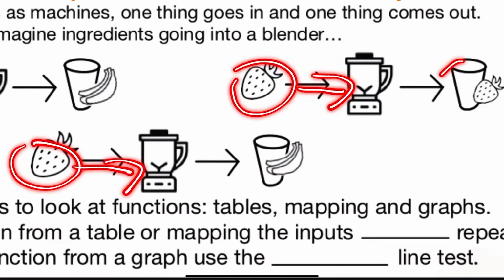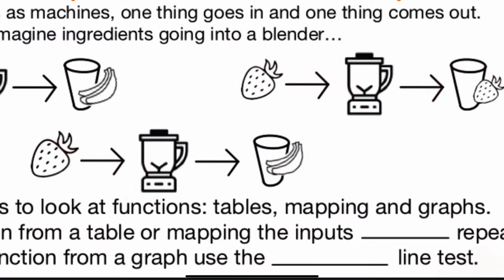It should only ever give you a strawberry flavored drink if you only put in strawberries, right? Okay. So, using that analogy, our functions are like blenders. They only have one job. They only do one thing. If you put in a number, you should get out a different number. You shouldn't get out 2 different things, because that wouldn't make any sense.